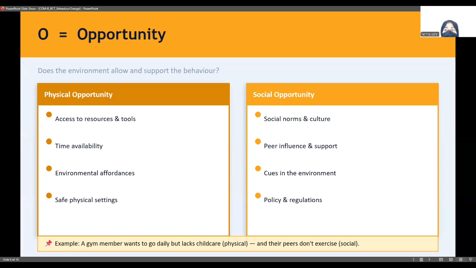Moving toward social opportunity, we see social norms and culture, peer influence and support, cues in the environment, policy and regulation. For example, a gym member wants to go daily but lacks childcare and their peers don't exercise. So this is all about opportunity, that is physical and social.